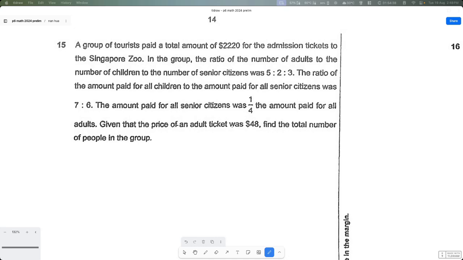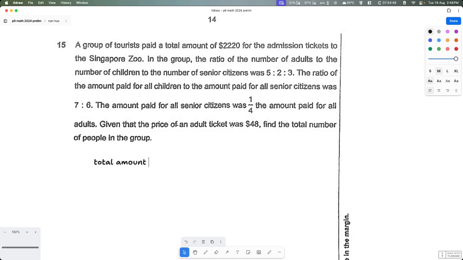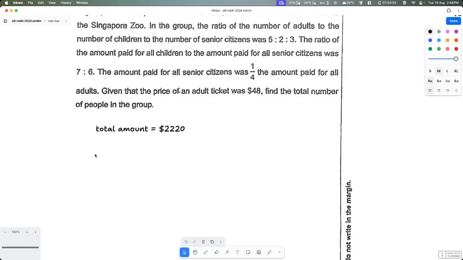Okay, so let's break this down. We know the total amount. Total amount is equal to $2220. Then we also have the number of children to the number of adults.